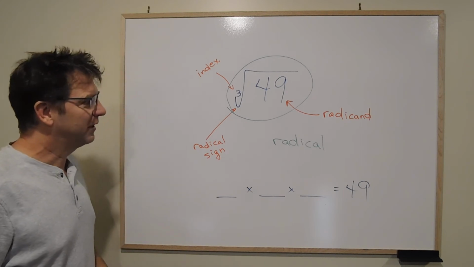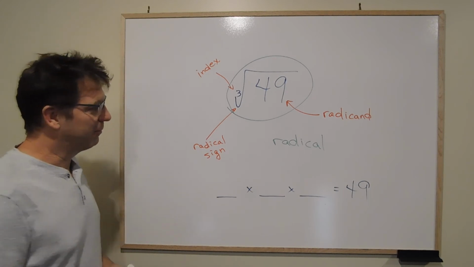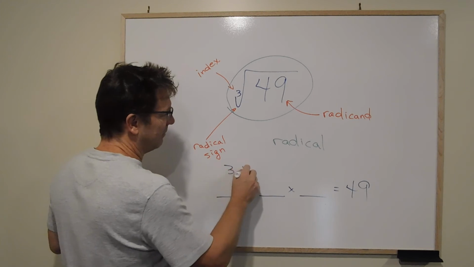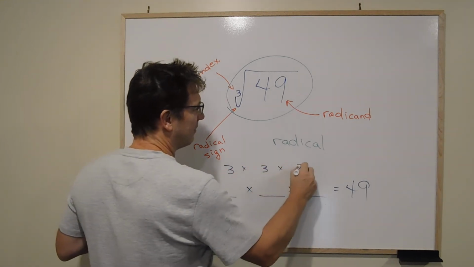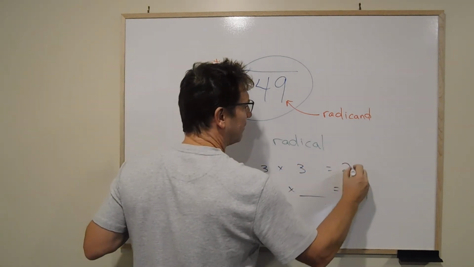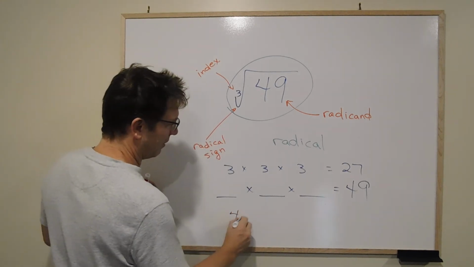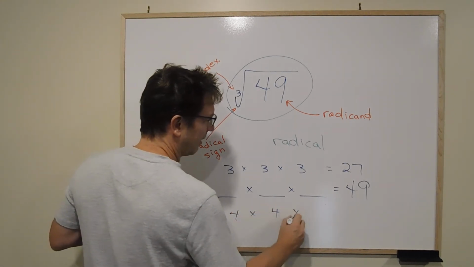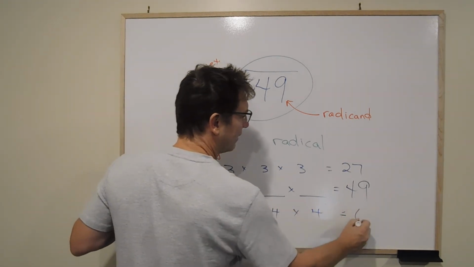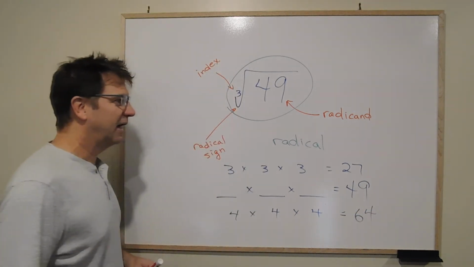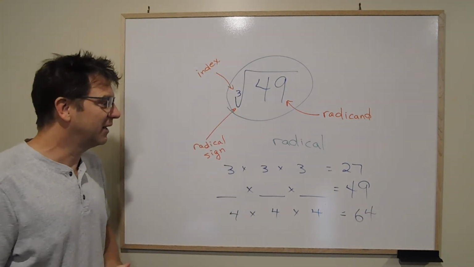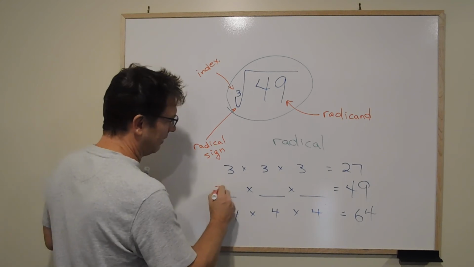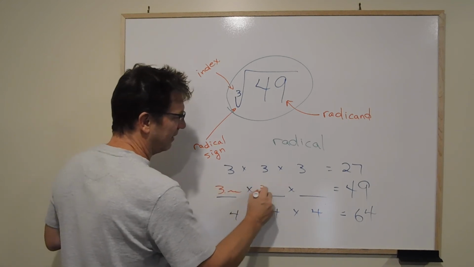Right? Because if I take 3 times 3 times 3, I know that's 27. And if I take 4 times 4 times 4, I know that is 64. And since 49 is in the middle, it will have to be 3 decimals something, right?